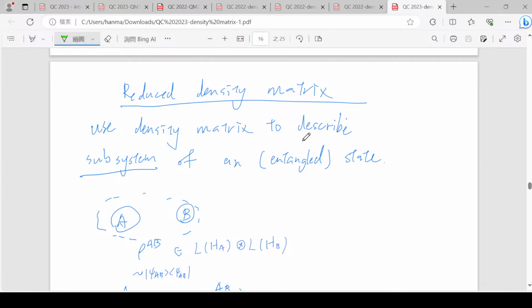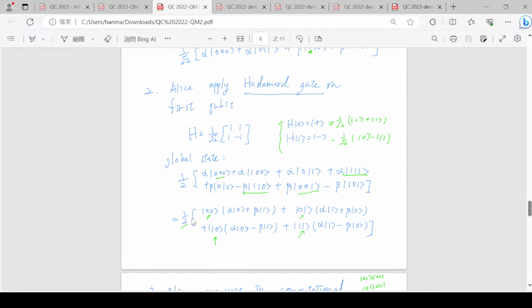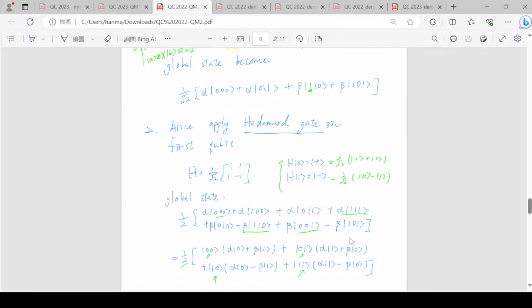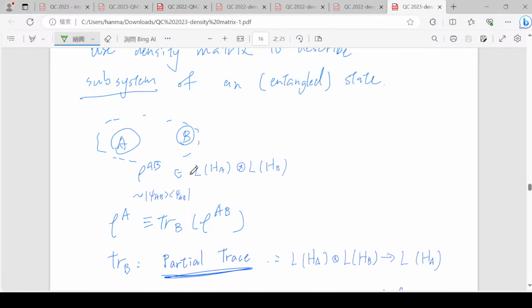So the idea once again is like in teleportation. Alice and Bob have some state that might be entangled with each other, and here we're in 4D general. In the teleportation case, the entangled state is a pure state, but in the general case, the state might even be a density matrix. So it's a density matrix in the linear space of H_A tensor H_B, so it sounds very big.